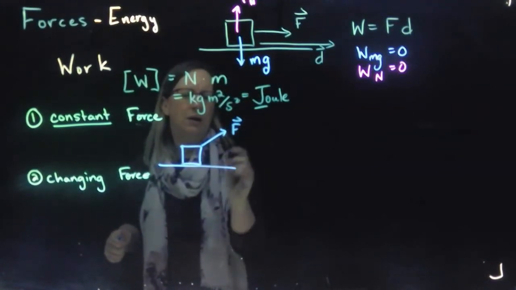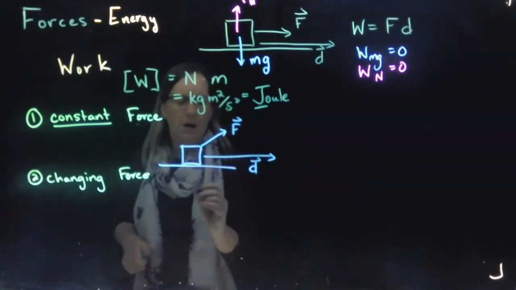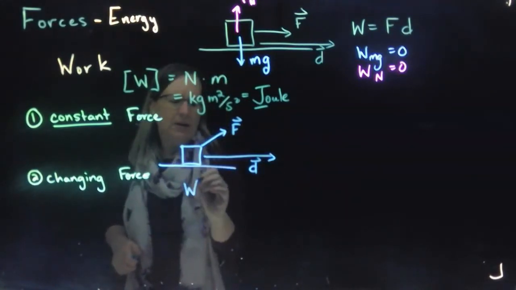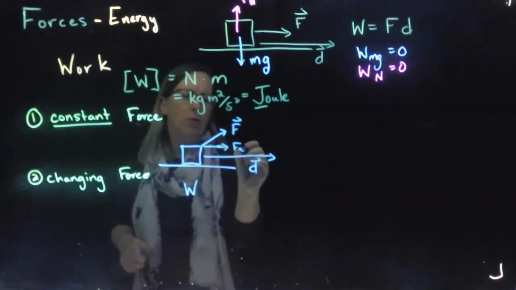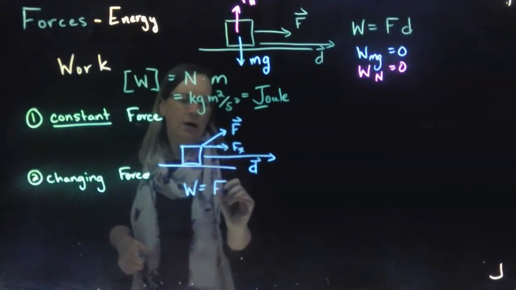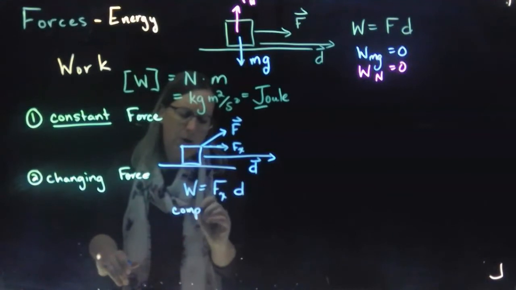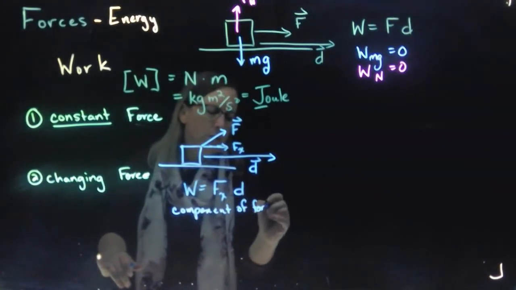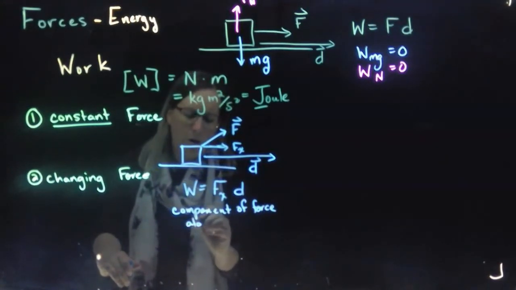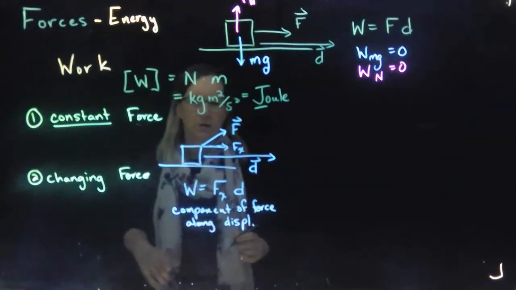The force is like this. The block still moves like this. There's our displacement. So the work that's done in this case, we really want the x component of the force, would be Fx times d. In other words, the component of force along the displacement, so in the same direction as the displacement.